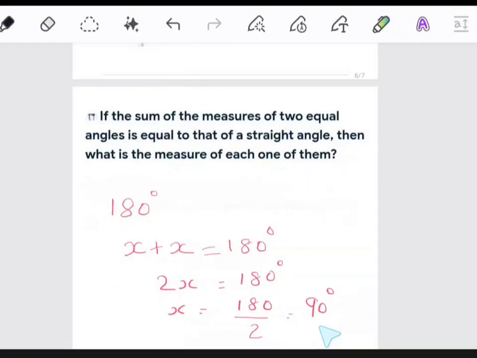So each angle measures 90 degrees, which is a right angle. 90 plus 90 is 180. Clear? This is a step-by-step explanation.